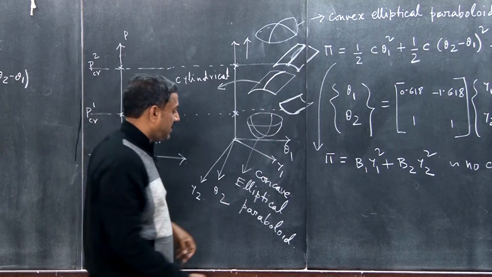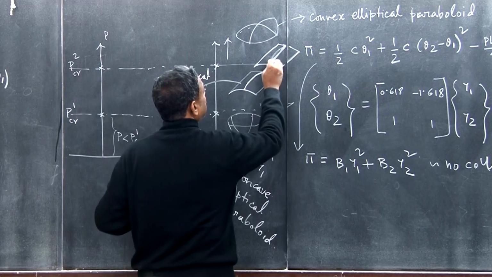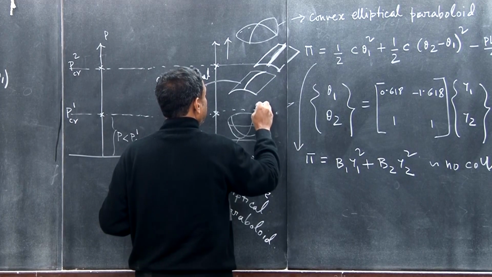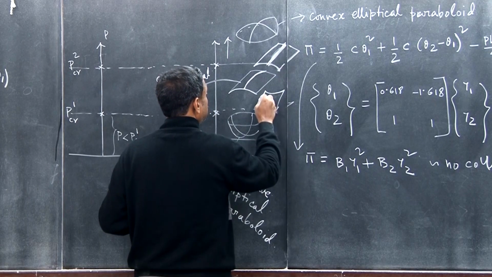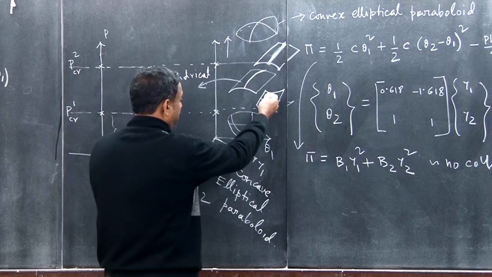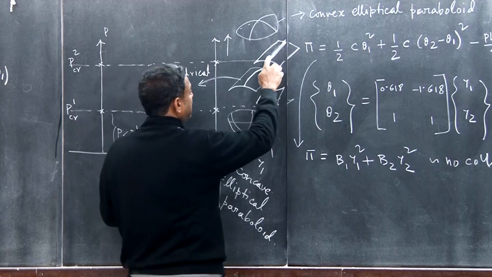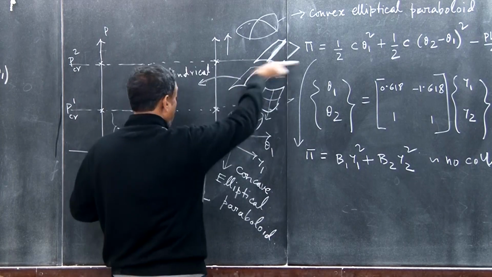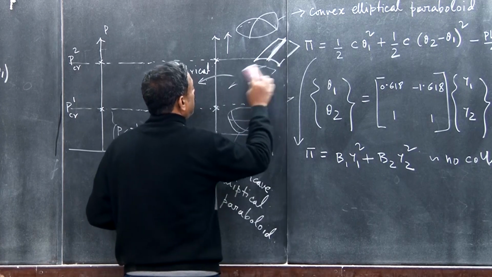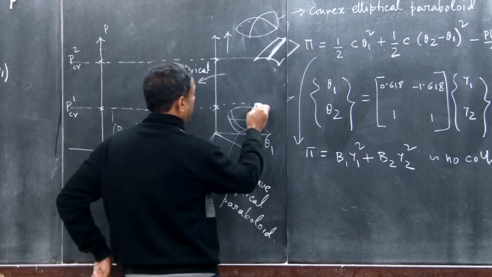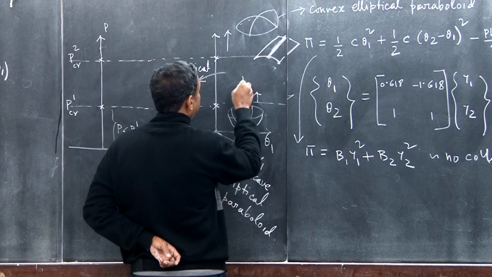So see here it will be like this and here it will be something like this. If this cylindrical axis is aligned along y2, then this cylindrical axis will be aligning along y1, theta 1, okay. So here I am actually unable, one second, let me try to understand it nicely, okay. So you see how here I am drawing it.